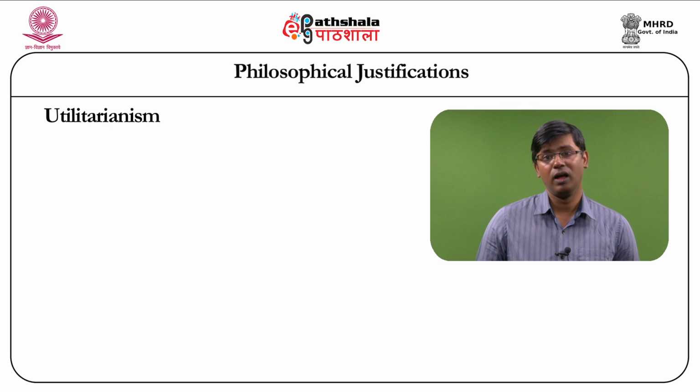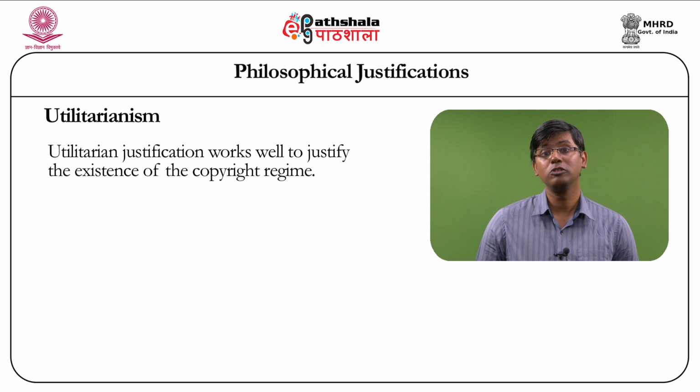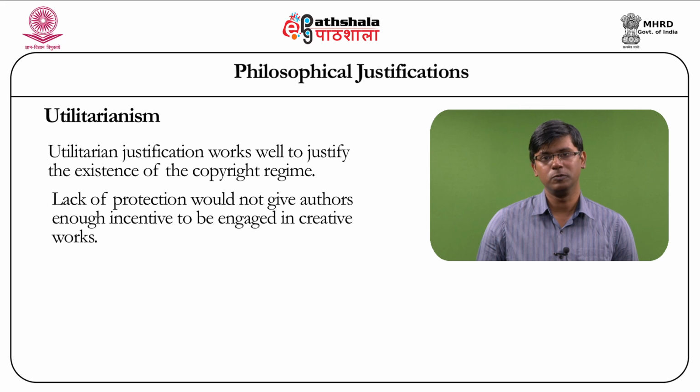Similarly, John Stuart Mill's utilitarian theory could also be used to justify copyright. Now, how can this be used to justify copyright? Basically, if a certain monopoly period is not allowed for the author who has published a book, then others can replicate the book and earn revenue out of it.